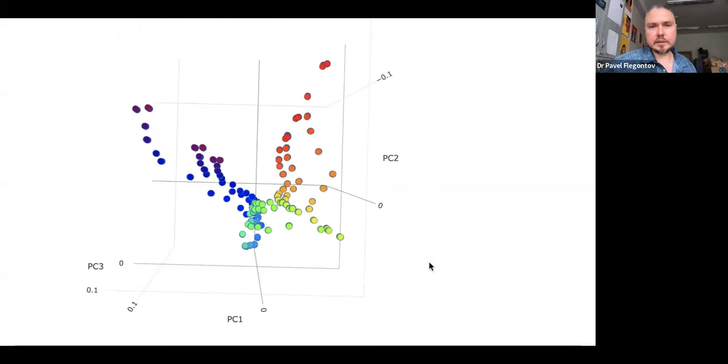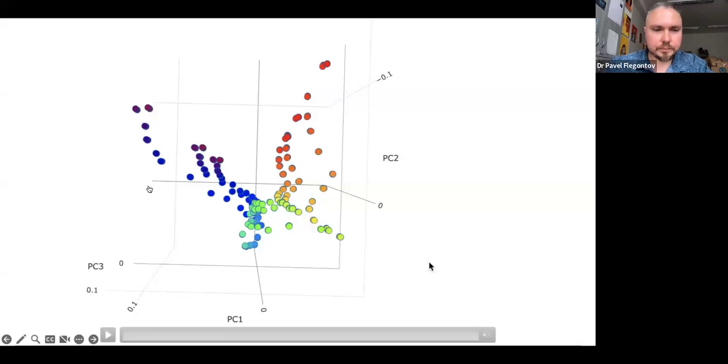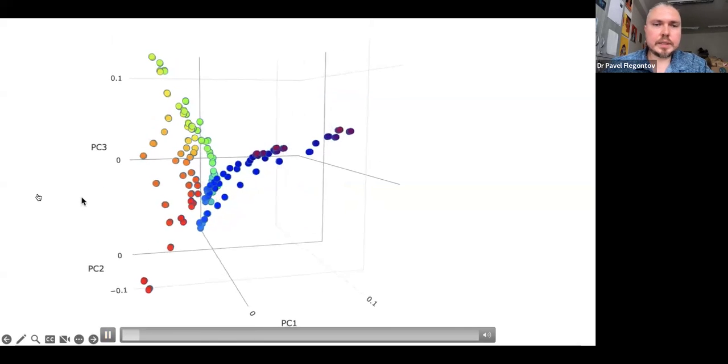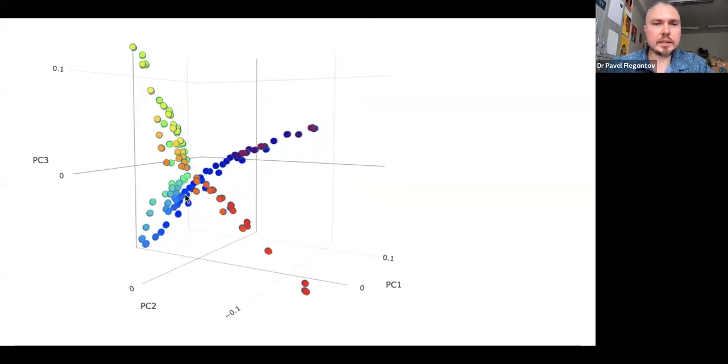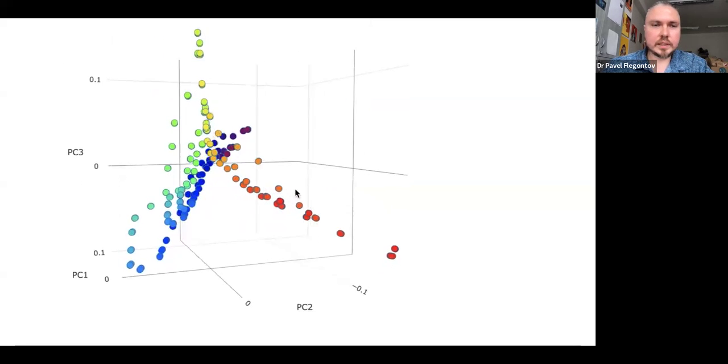But if we now look at the PC1, PC2 projection, it's less clear what's going on. While, again, if we rotate in 3D, it's clearer what's actually going on.